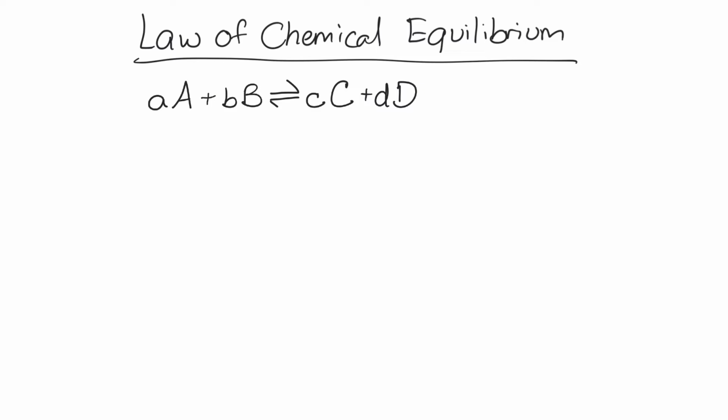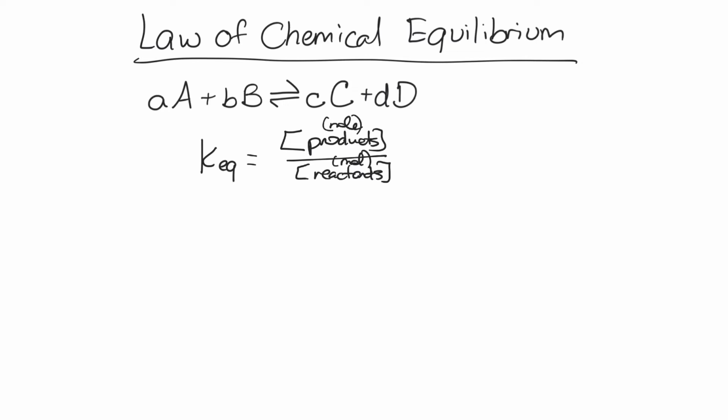The equilibrium constant expression, Keq, equals the concentration of the products divided by the concentration of the reactants. And we have to include the mole ratios of these as well.